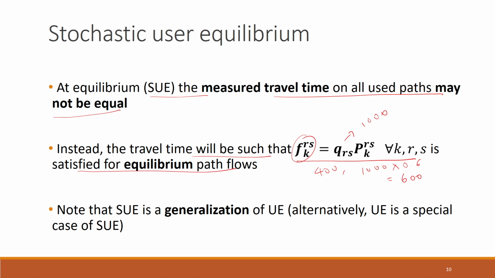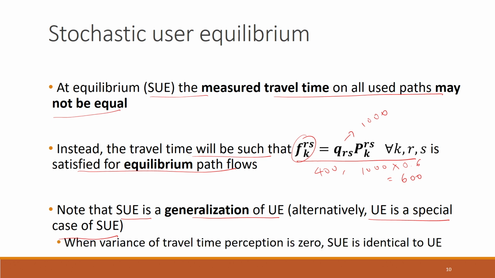And again, this is saying the same thing that I had said before, that the stochastic user equilibrium is a generalization of the deterministic user equilibrium case. That is, the deterministic user equilibrium case is a special case of stochastic user equilibrium. So when the variance of the travel time perception is 0, then stochastic user equilibrium is identical to the normal, or deterministic, user equilibrium that we had seen before.